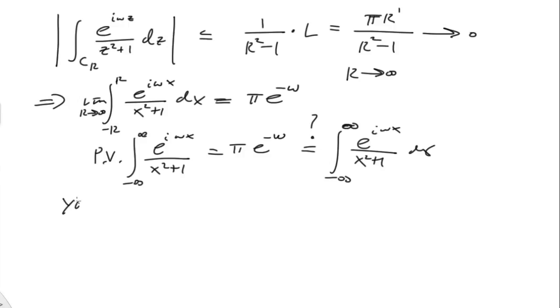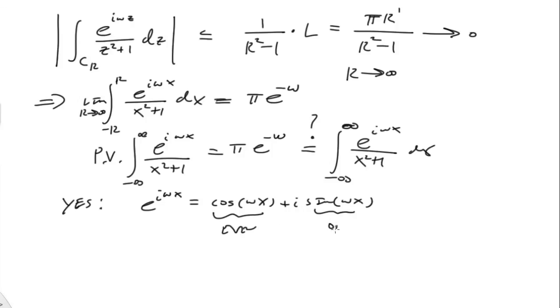And the answer is yes, because of course e to the i omega x is equal to cosine omega x plus i sine omega x. And so this part right here is even, and this is odd. And that's the imaginary part.